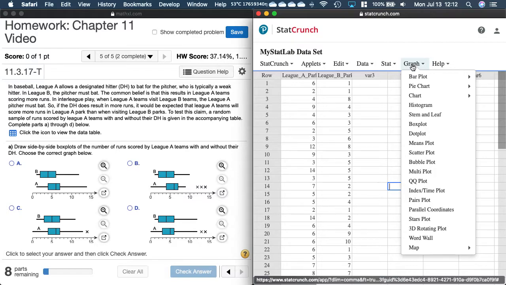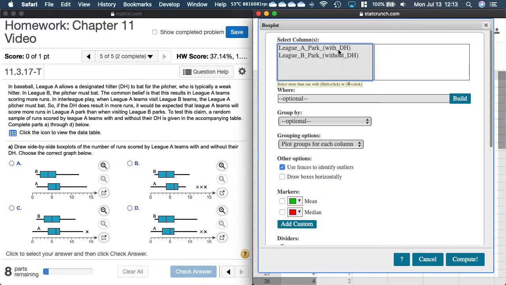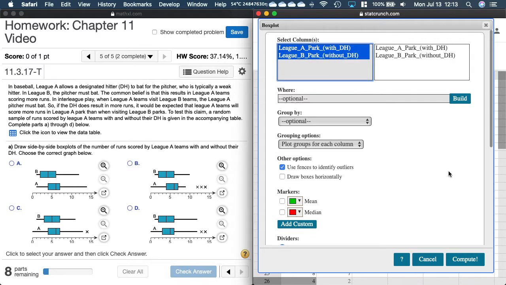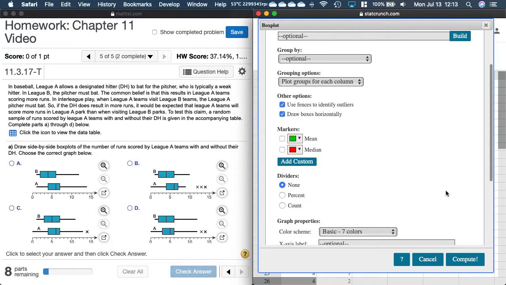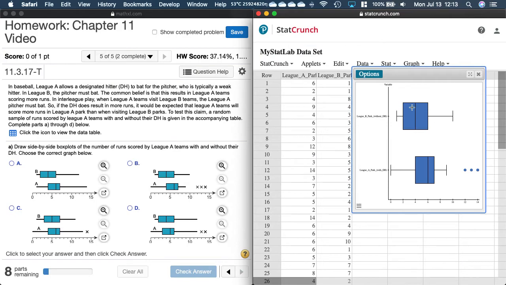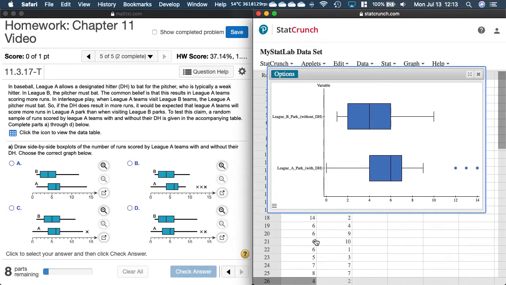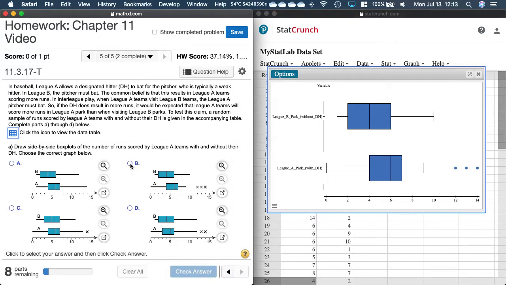We're going to make a box plot, using both of these. So I'm going to choose this one and then hold my command down and choose this one. I'd like to draw my boxes horizontally. I like that. And I think I got everything here. So this is the graph that our data set comes up with. So here we can go ahead and choose B.